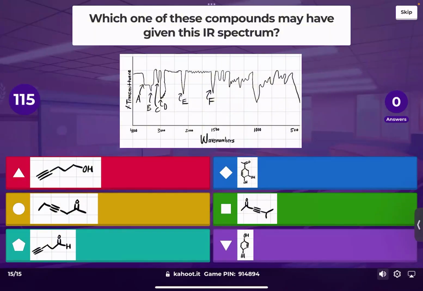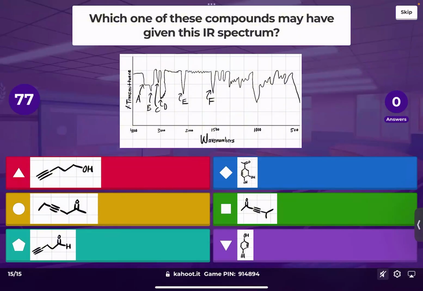Wait, that one has a double bond. Okay, it has an alcohol, the internal alkene. Wait, what's the one with the Y called? How do you pronounce it? Alkyne. It also has the terminal one. Which was the terminal one? This peak? B. Okay.